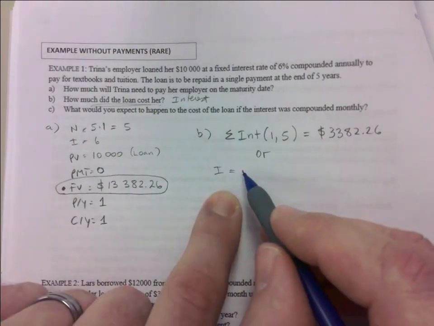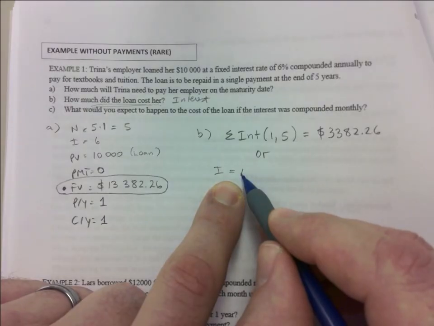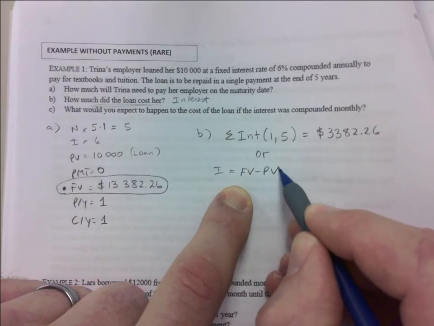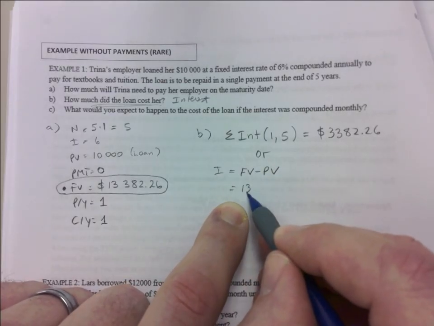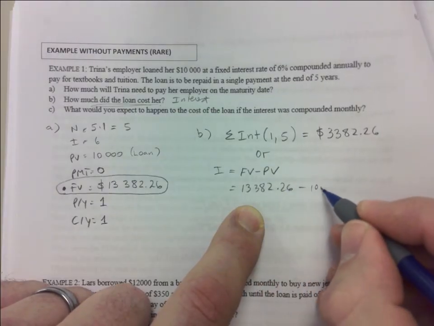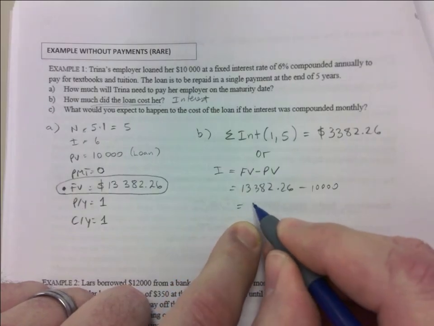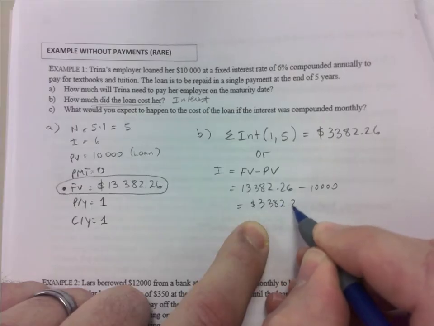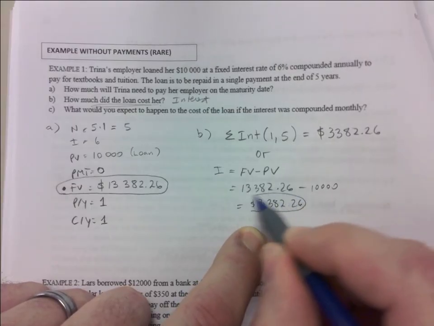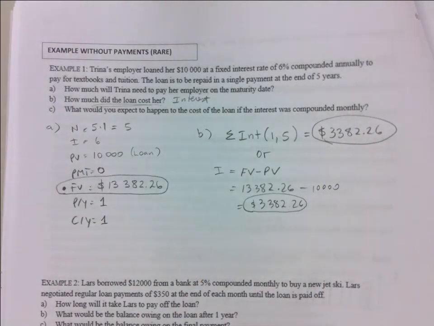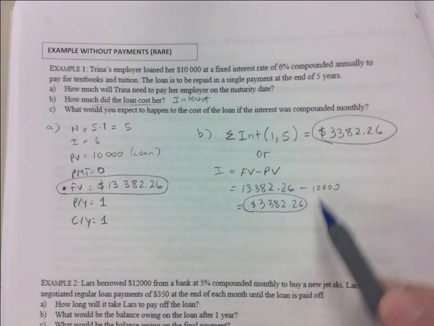Okay, let's use the formula. There are no payments, so it's just this. Why am I using this one? I'll show you real quick here. It's either that or that, it doesn't matter. But look at page 68. I'm going to show you where I get this formula from.